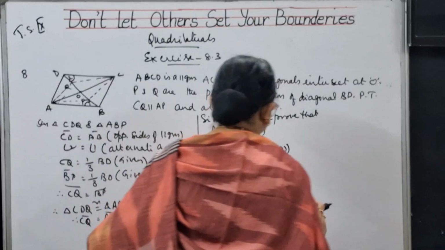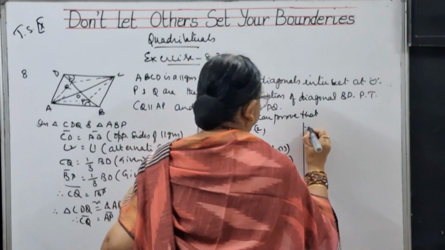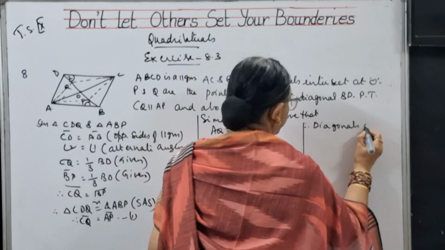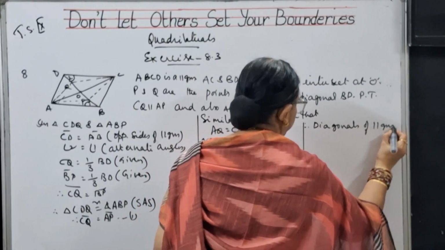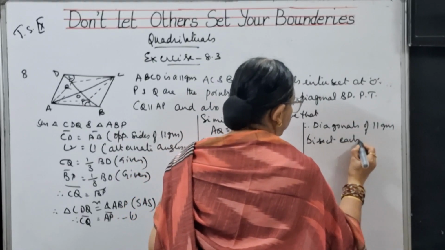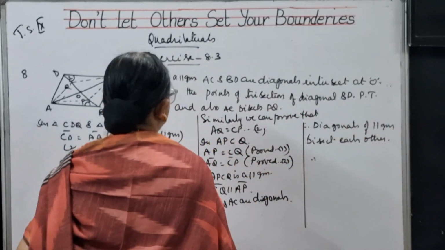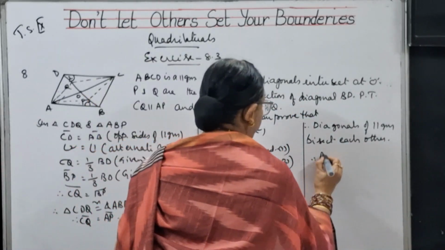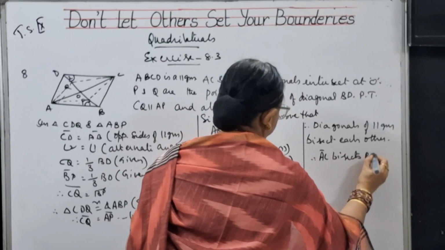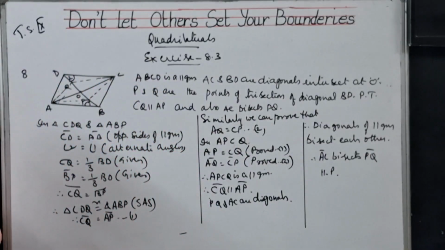Therefore, diagonals of a parallelogram bisect each other. Therefore, AC bisects PQ. This is the proof that we have proved, children, in this problem.